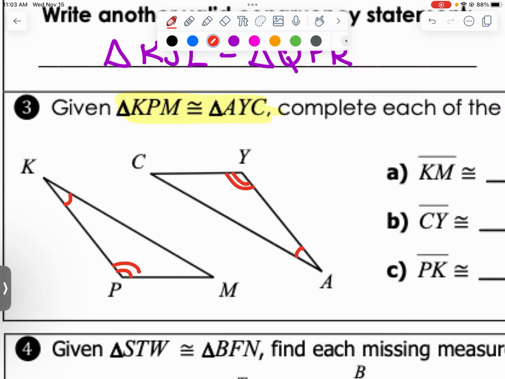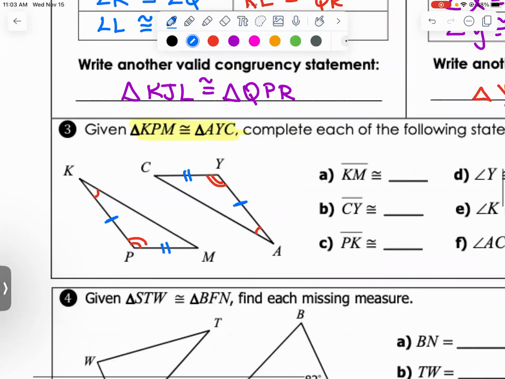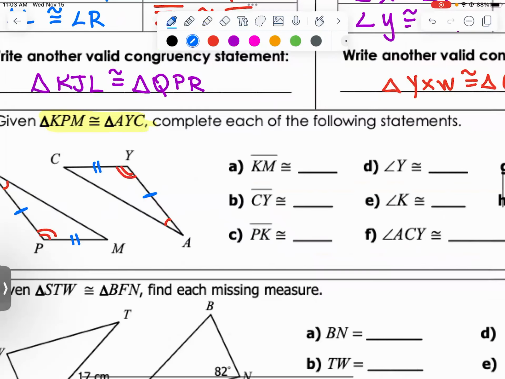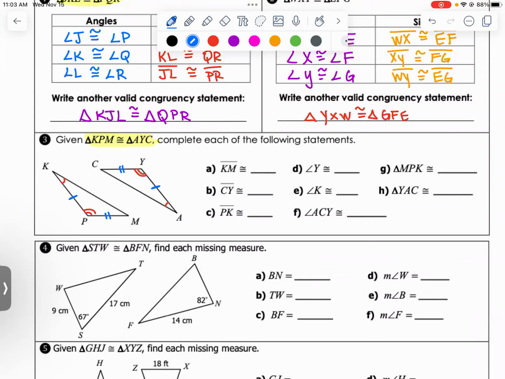I think that just might help me visually. And it might help me, KP and AY are congruent sides, PM and YC are congruent sides. So that's just gonna help me visually when I look at these statements, okay? But also what's gonna help is if we look at the order in which these appear, okay?